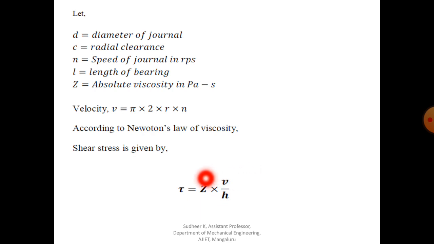Z is nothing but mu, the absolute viscosity, because in our book viscosity is represented by capital letter Z. V is the velocity at the surface of the journal, and h is the radial clearance, the distance between the journal and bearing surface.